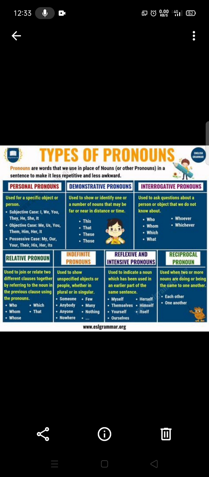Okay, so here the word whose is used to relate the noun which is there just before it. Okay, so the man whose daughter. So here the pronoun whose relates to the word man.